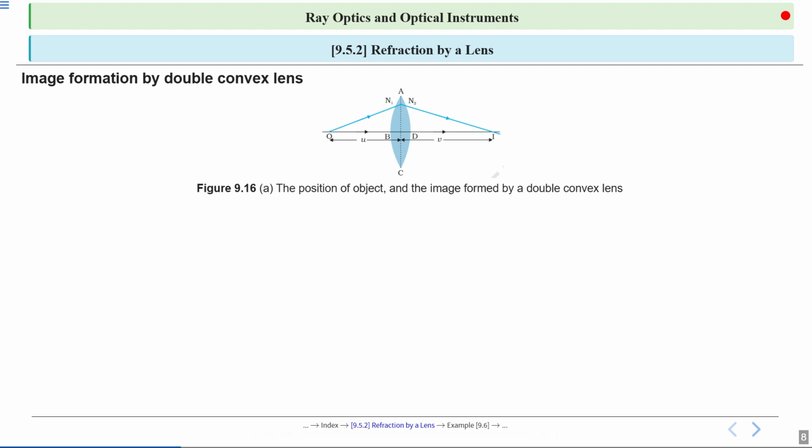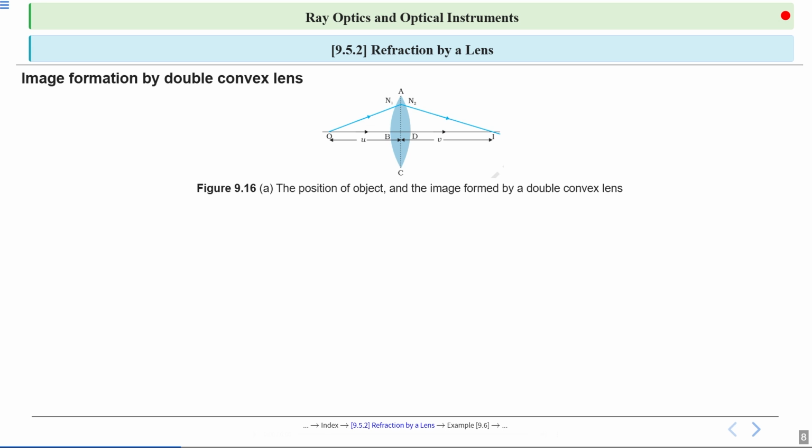Okay, N1 and N2 are the points where incident light meets one refracting surface of the lens, and from where refracted light emerges out from the other surface, ADC. Okay, ABC is one refracting surface, ADC is another refracting surface.